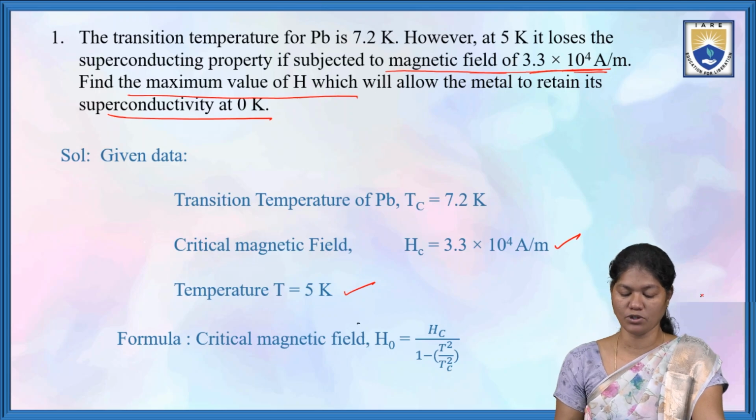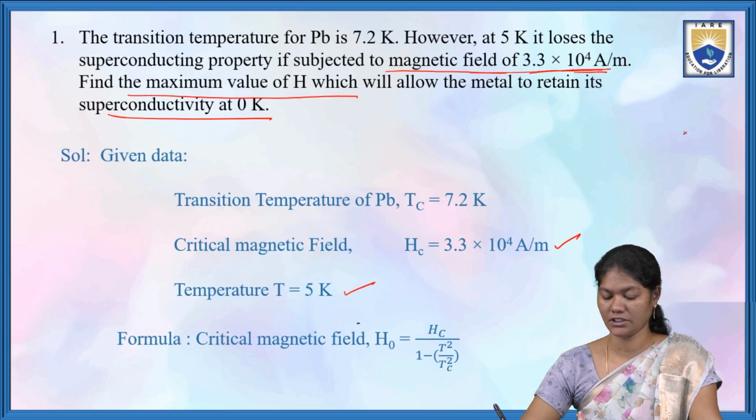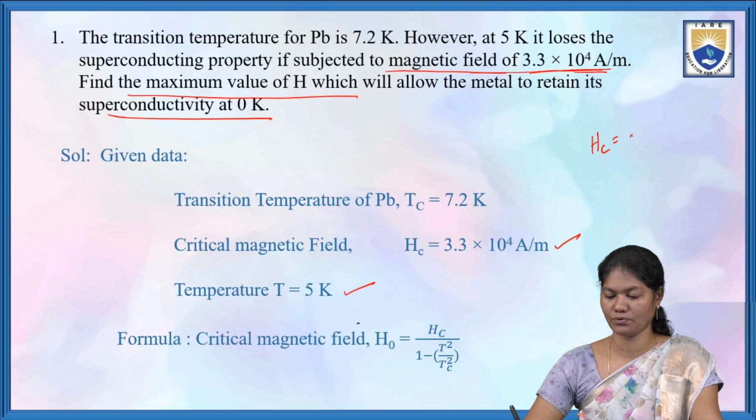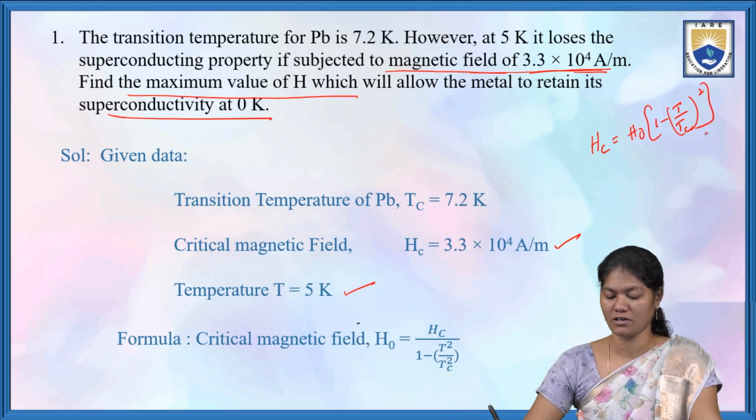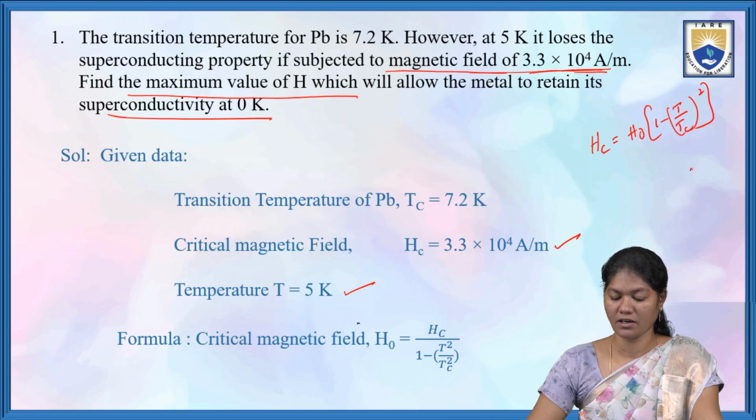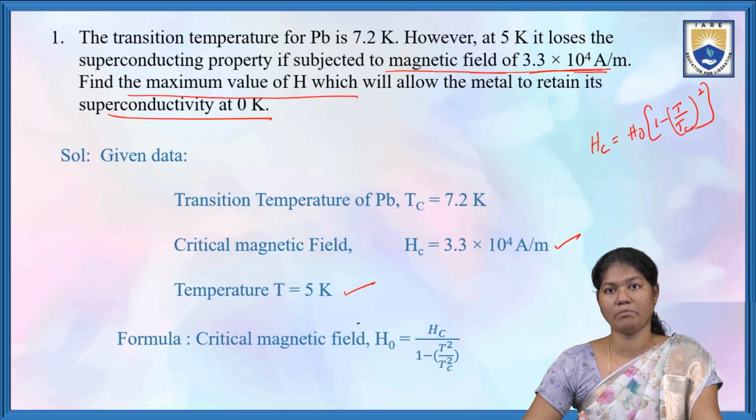So the formula for critical magnetic field is Hc is equal to H naught into (1 minus (T by Tc) square). We need to find the maximum magnetic field at 0 degree Kelvin.